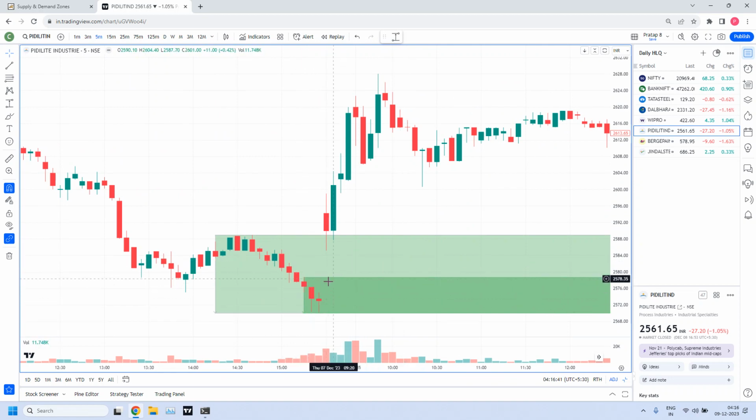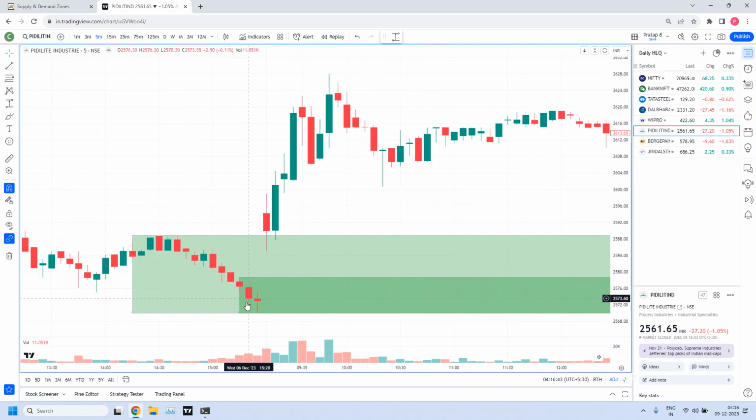Inside 15 minutes, we have two base candles. This is candle number 1, this is candle number 2, and one more, candle number 3. Even before that, candle number 4, 5, 6, 7, 8, candle number 9.